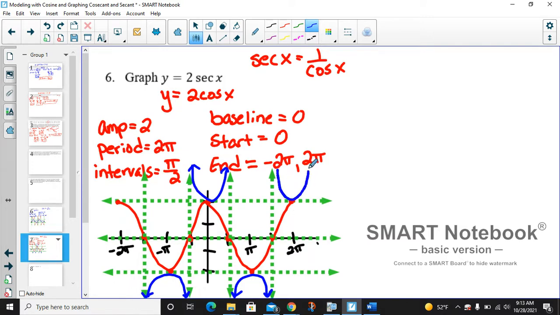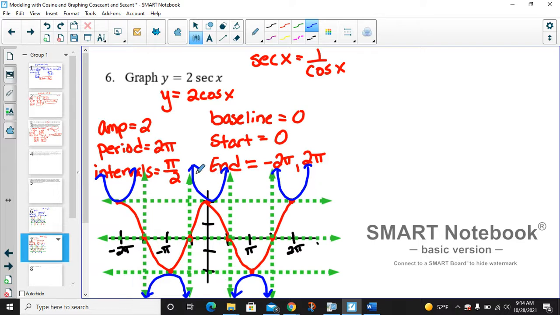Of course, we didn't finish this side over here, but it would do the same thing. And that's how you do secant and cosecant. You just graph its reciprocal, whether it be sine or cosine. And then once you graph it, all of your baseline points become vertical asymptotes.